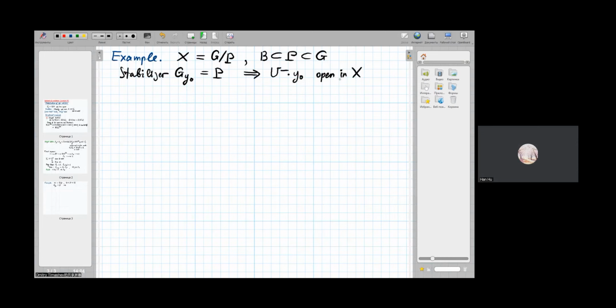This is because we have this big cell, if you remember. So we have this big open subset B minus times B, which is the same as U minus times B, because B minus and B both contain the maximal torus T. And this is the open subset, big cell.